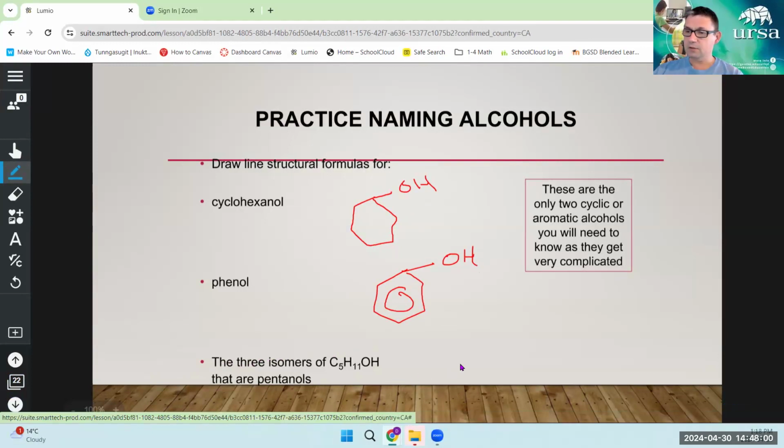Now, C5H11OH are pentanols. Well, 1, 2, 3, 4, 5. 1-pentanol. If attached to carbon 2, 2-pentanol, carbon 3, 3-pentanol, depending on where the OH group is attached.